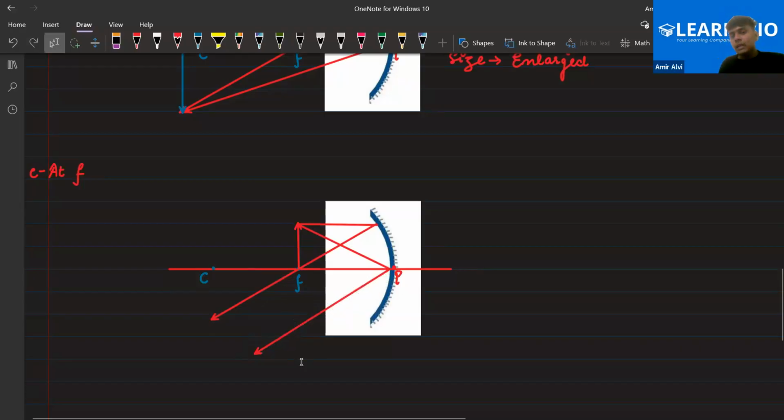As you can see, the reflected light rays are parallel to each other. What does it mean basically? Could you please tell me the conclusion of it? Image will not be formed? Umair, what do you say if the light rays are not intersecting, or are parallel to each other?